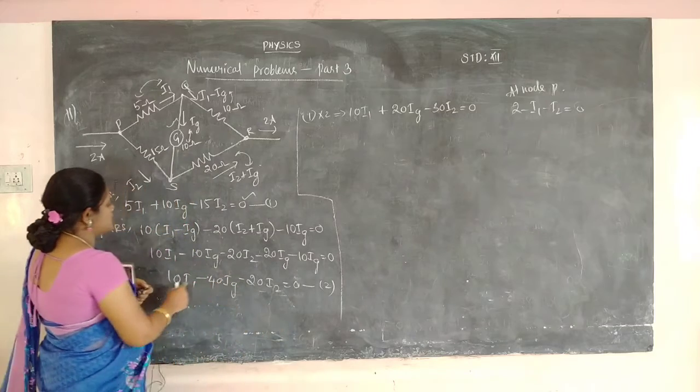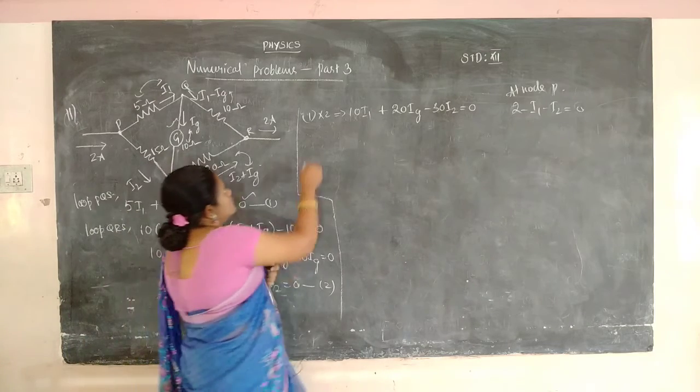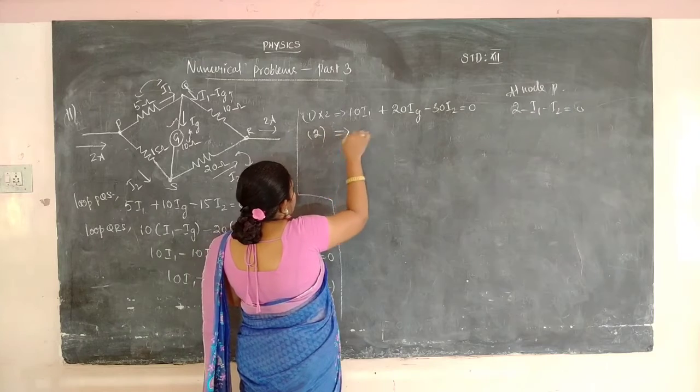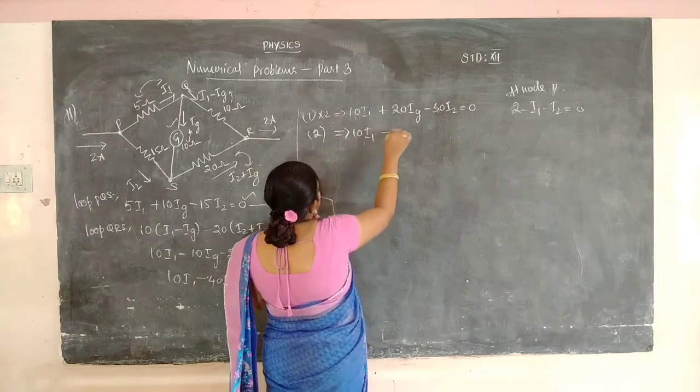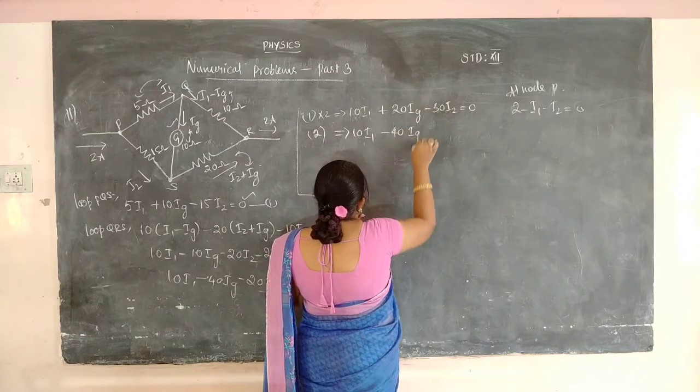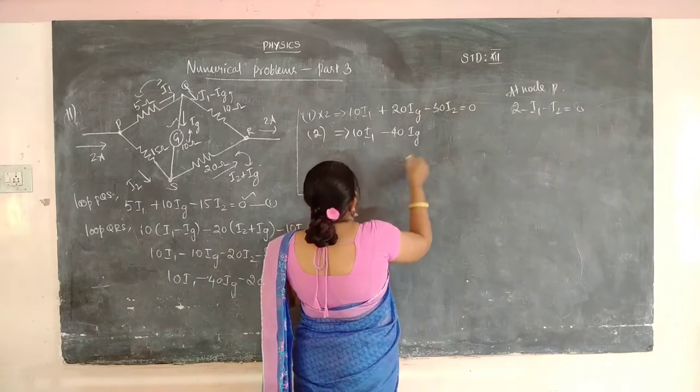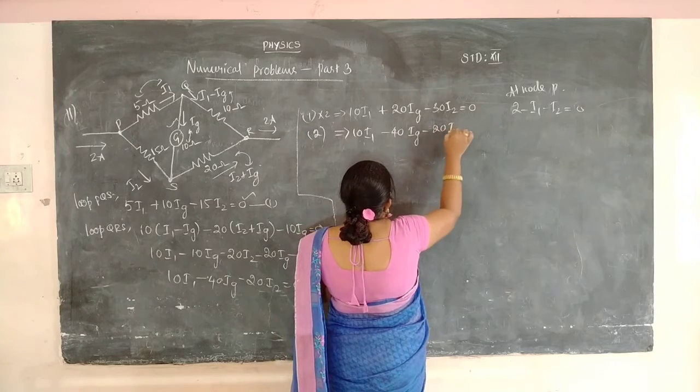And the second equation is 10 I1 minus 40 IG minus 20 I2 is equal to 0.